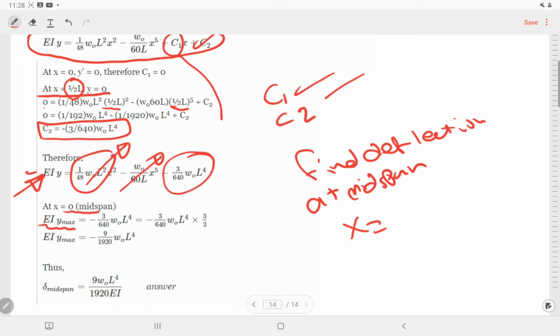We have only this term, which is negative, at x equal to 0. Yeah, we have this term, and then after that we can simplify the equation. So the answer is going to be this one, which is the deflection. Thank you.